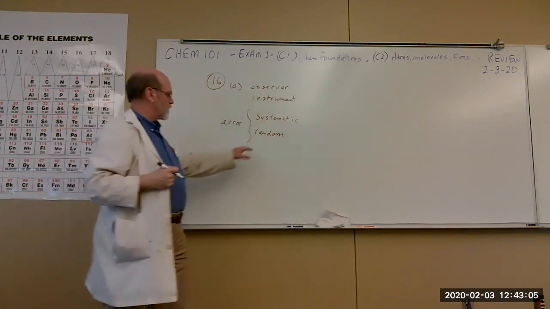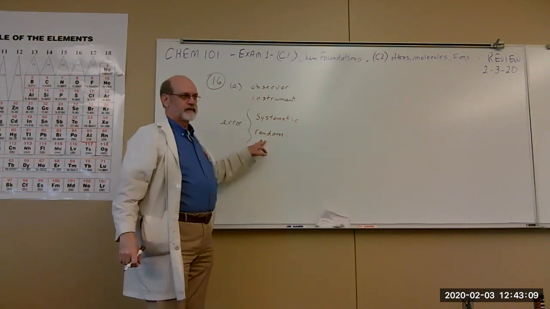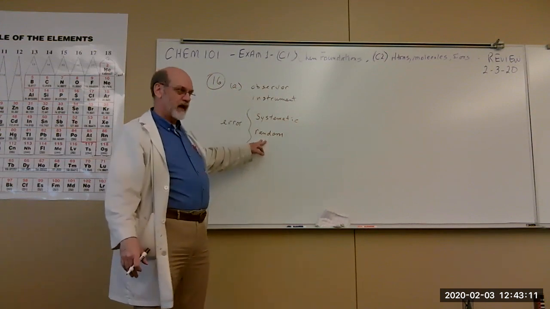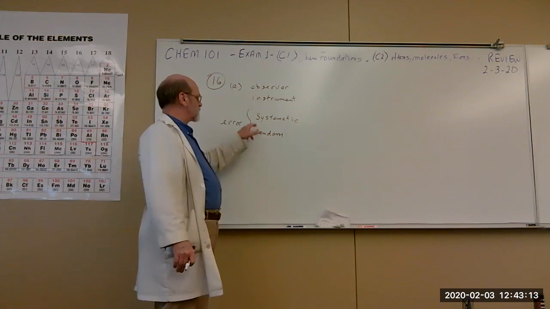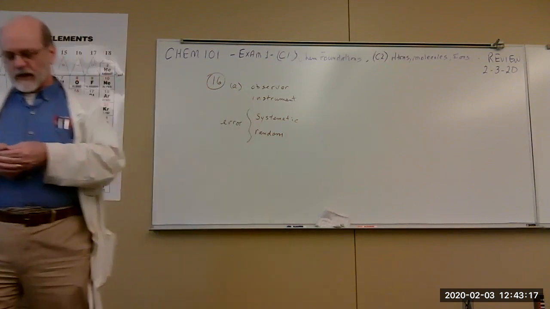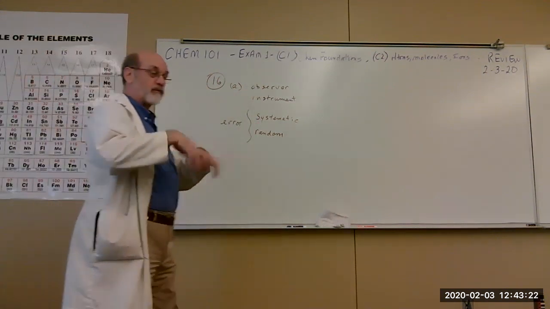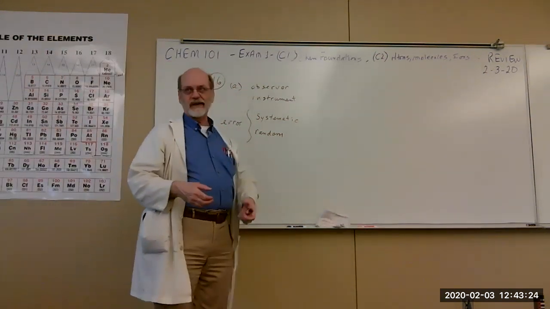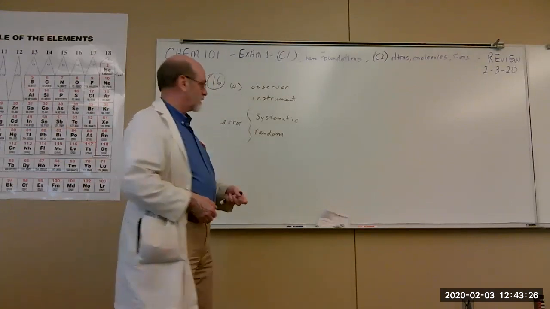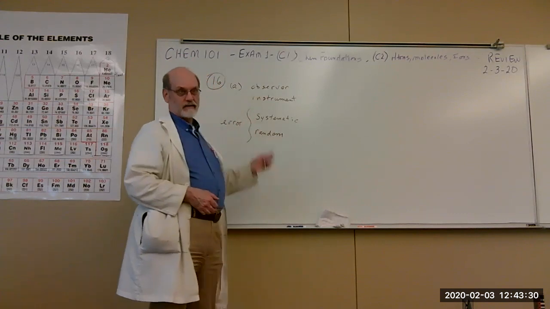We generally take care of random errors with statistical analysis because statistics is based upon randomness. Systematic error says that there's either some repeatable mistake that the instrument is making or a repeatable mistake that the observer is making. And those are more difficult to correct and sometimes identify.